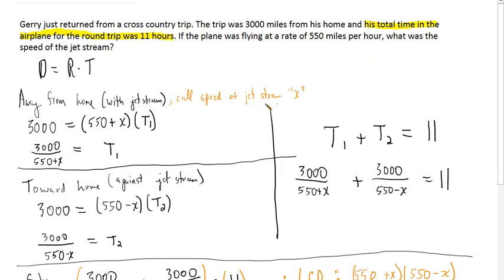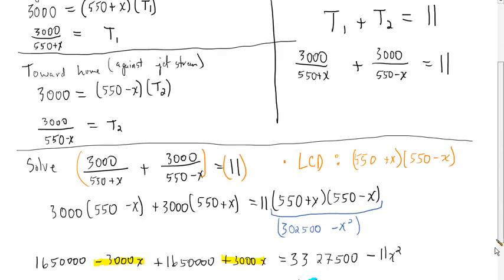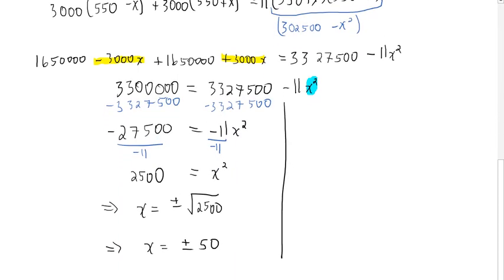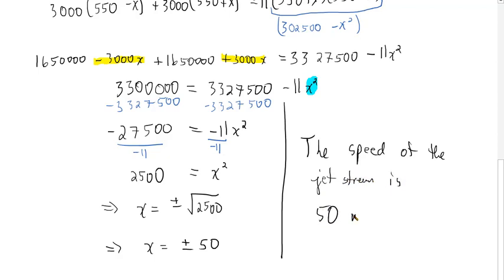We called the speed of the jet stream x, and we found through our work that x was positive or negative 50, and so from that we can conclude that the speed of the jet stream is 50 miles per hour.